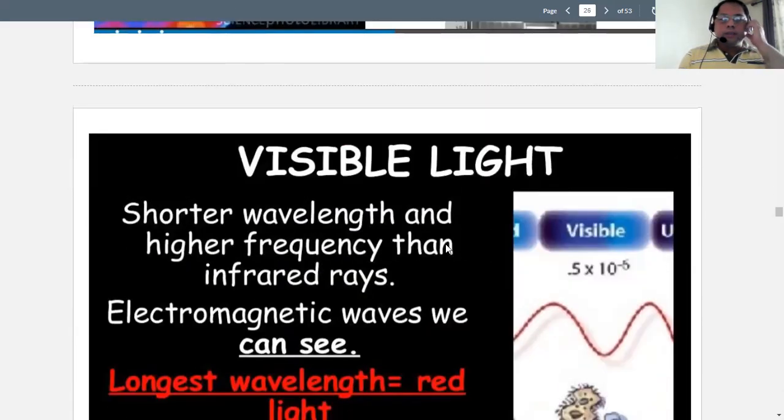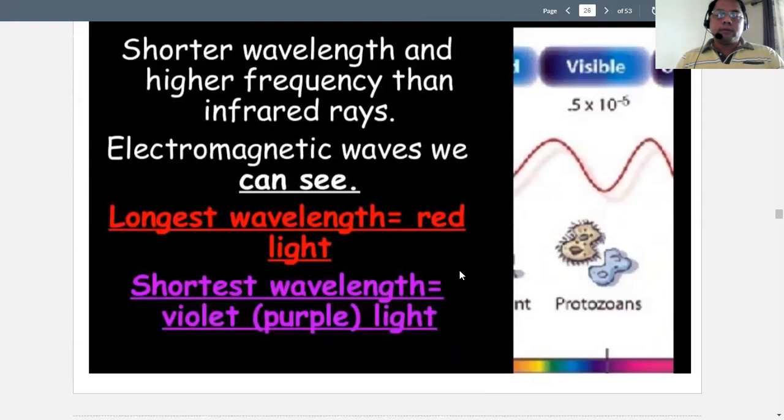So visible light, shorter wavelength and higher frequency than your infrared. So the longest wavelength in the visible light are those that are colored red. Ang color nga red, manotice naton, it's very very attractive.